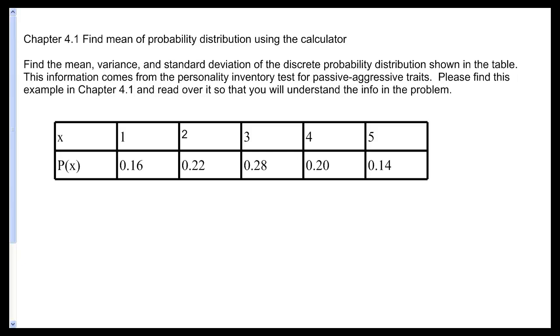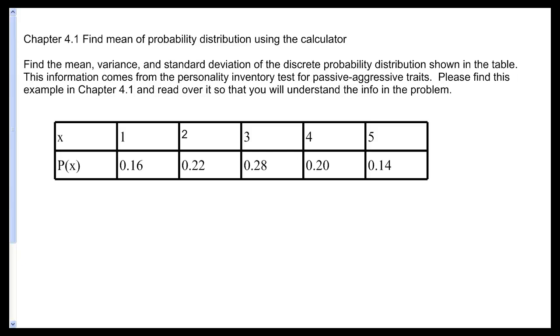Anyway, an industrial psychologist gives a personality inventory test, and the results were scored from 1 to 5, with 1 being extremely passive and 5 being extremely aggressive.